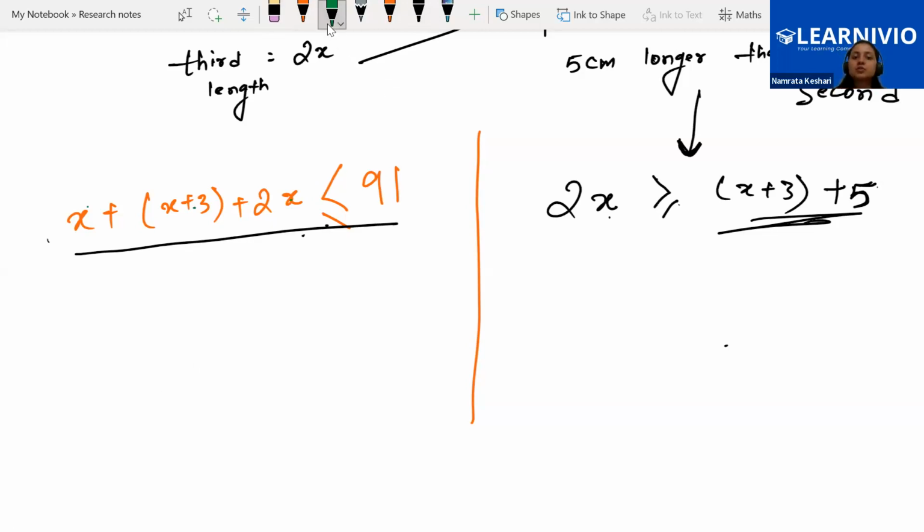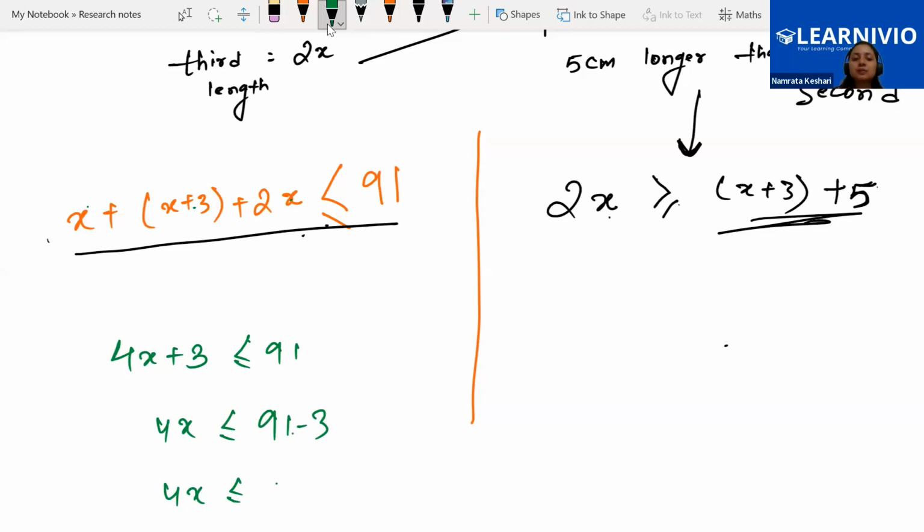x plus 2x plus 3, so 4x plus 3 is less than or equal to 91. 4x is less than or equal to 91 minus 3. So 4x is less than or equal to 88.